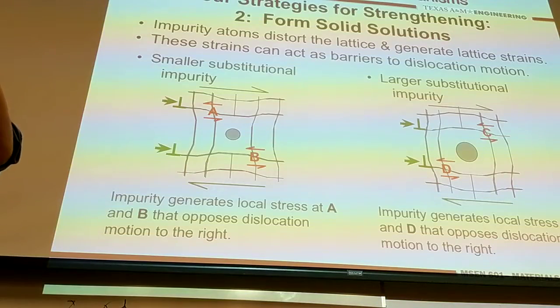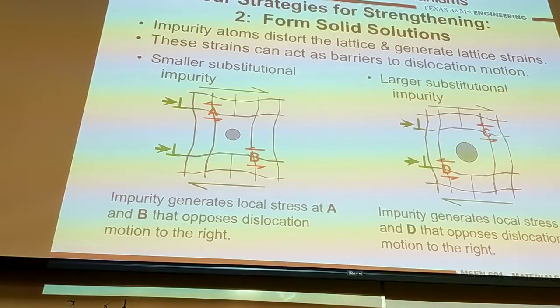Obviously, you need to have a significant amount of impurity. You cannot have just 1 atom out of 1 mole embedded as impurity inside the matrix and say, I'm going to use one single impurity atom to strengthen the metal. You still need a significant amount, not 50%, but at least a few percent, for example, to introduce a lot of stress field inside the matrix.